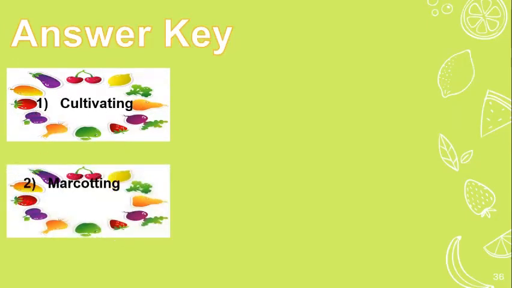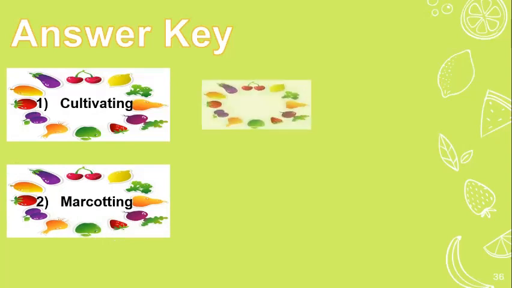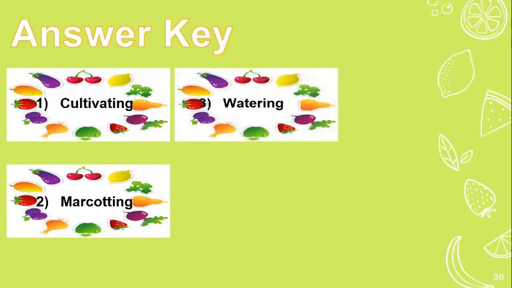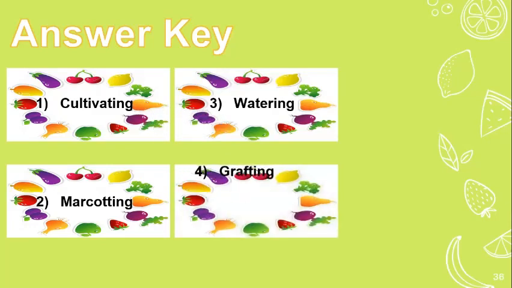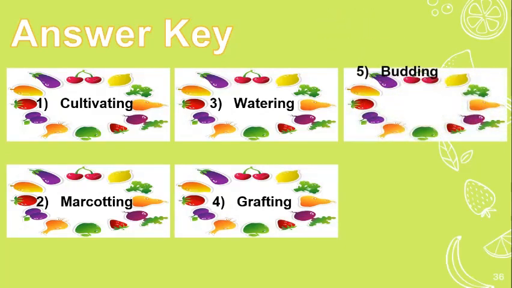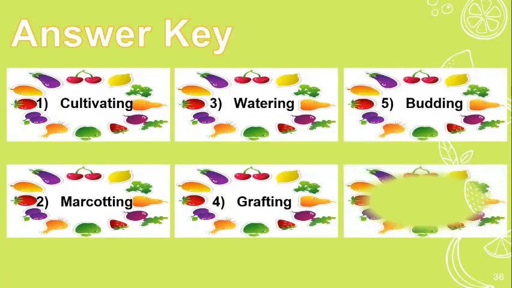Number 2, yes, you have marcotting. Number 3, it's watering, keeping the soil moist. Number 4, you have grafting. Number 5, budding. And number 6 is horticulture. Did you get 6?